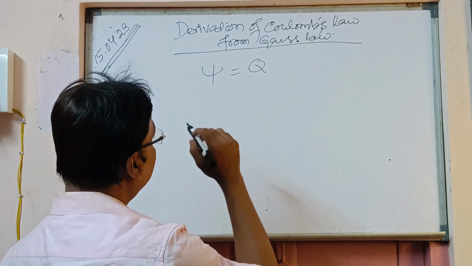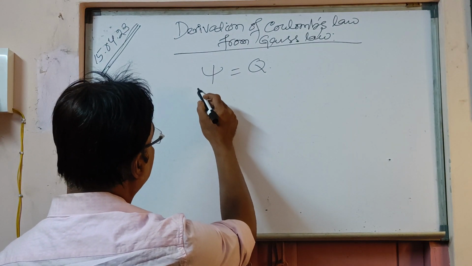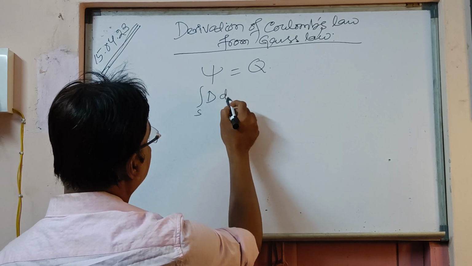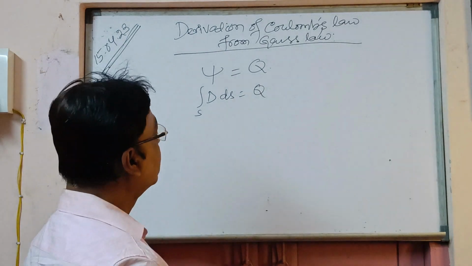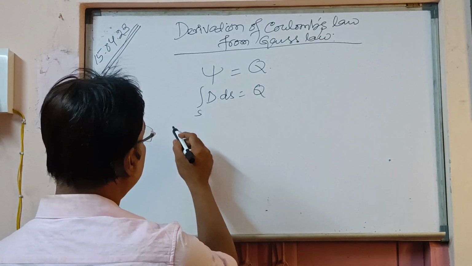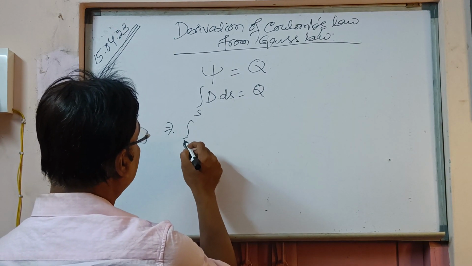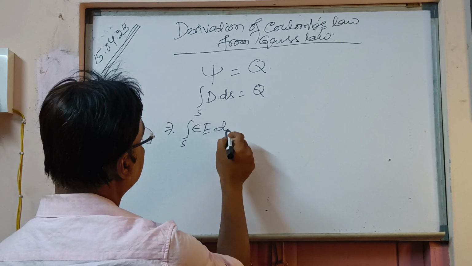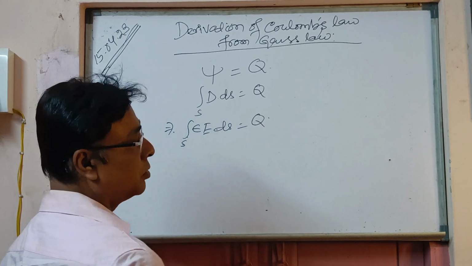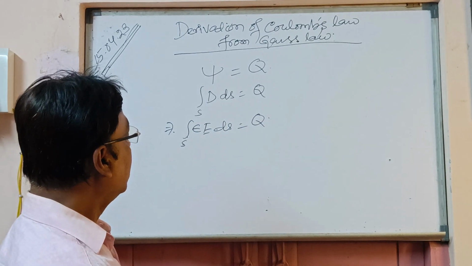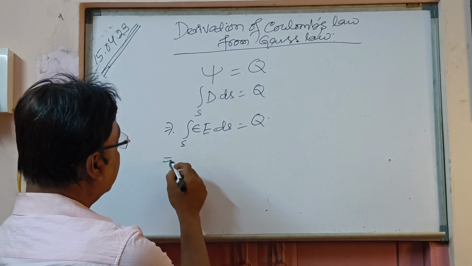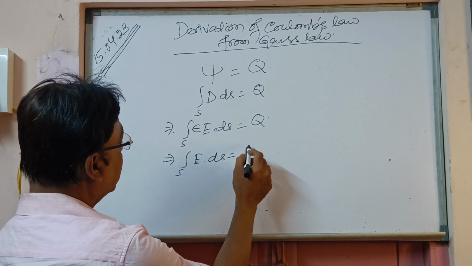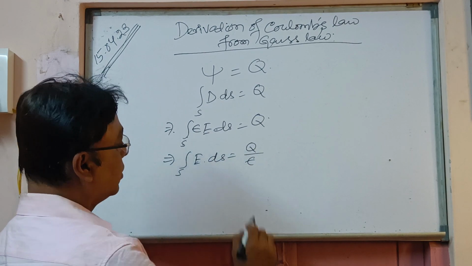From that we can write, instead of psi, the surface integral of D·dS is equal to Q. Now this is equal to the surface integral of epsilon E·dS, which is equal to Q. From that we get the surface integral of E·dS is equal to Q by epsilon.